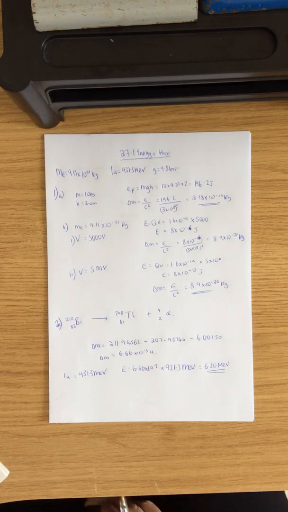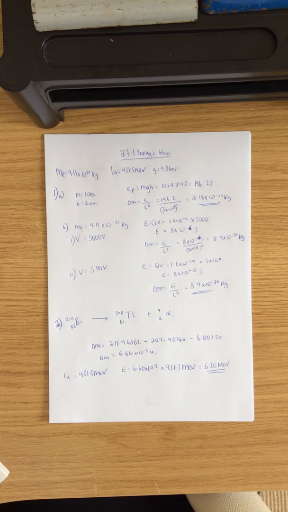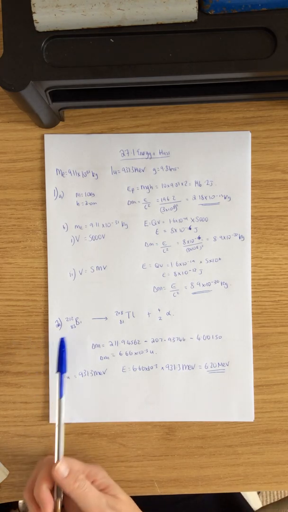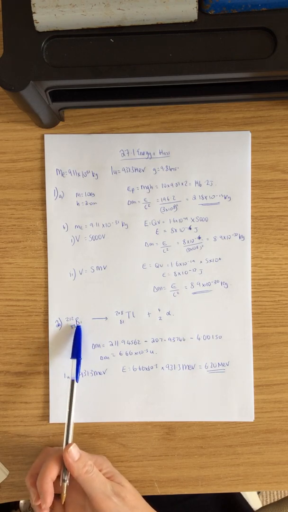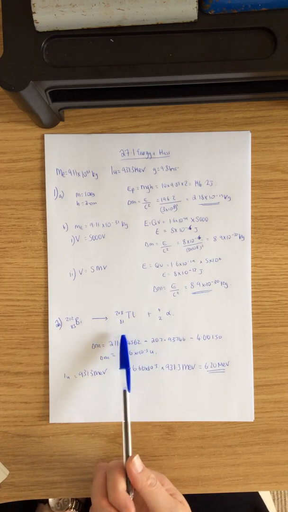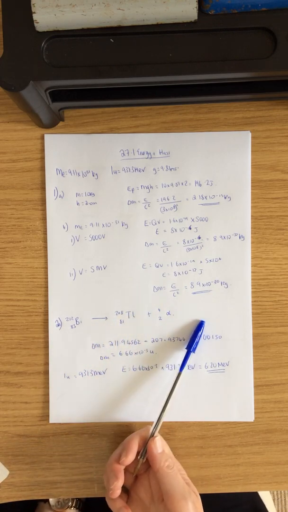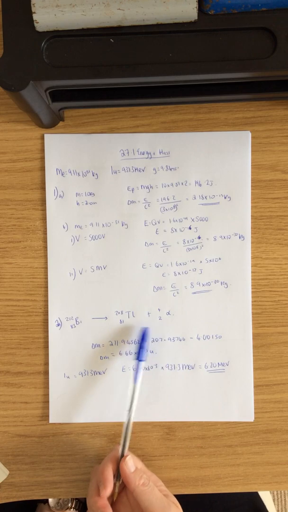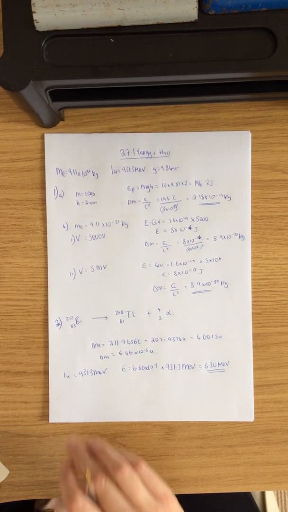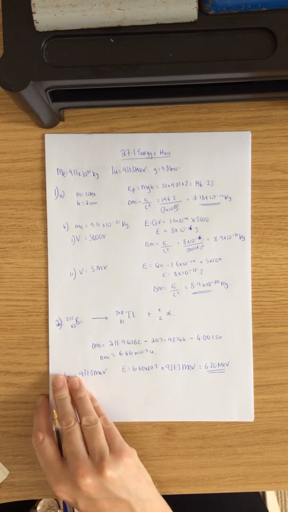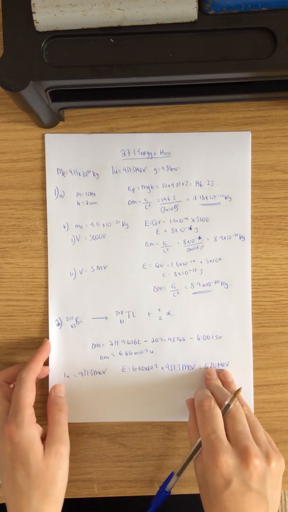It's explaining why the thallium nucleus in the above decay gains a small proportion of the energy released. It's to do with conservation of momentum. So this is one nucleus before, so it has 0 momentum because it's not moving. But then you have 2 after, so one has to move one way and one has to move the other way. So the momentum of each one cancels each other out to make 0, as for the first one. And so some of that energy is used for kinetic energy to move them apart.